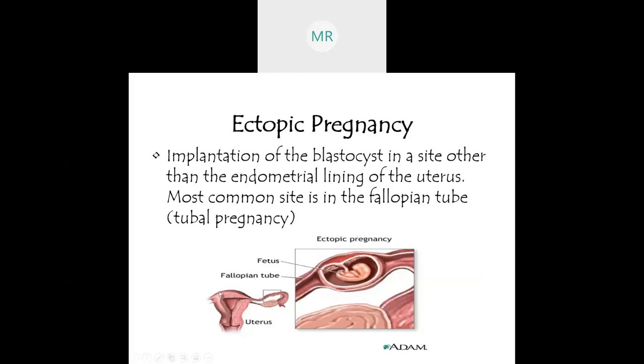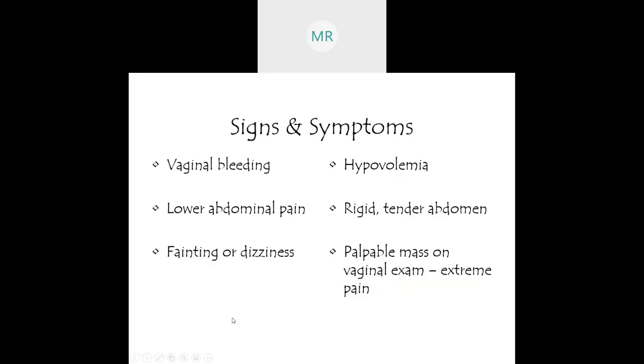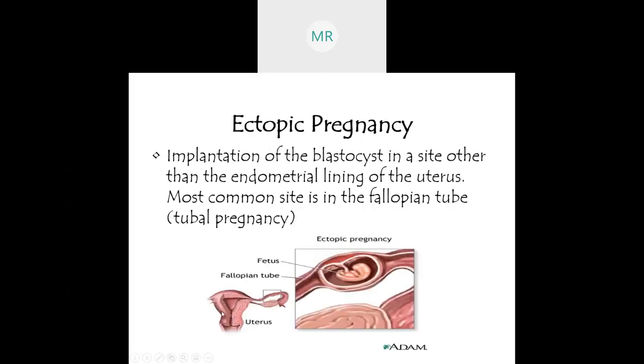So in this picture right here, okay, obviously, every time I do this, it wants to move. So cervix, okay, uterus, fallopian tube, and this is the ampulla of the fallopian tube. This is your most common site for a tubal pregnancy, an ectopic pregnancy, which is a pregnancy in the fallopian tube.